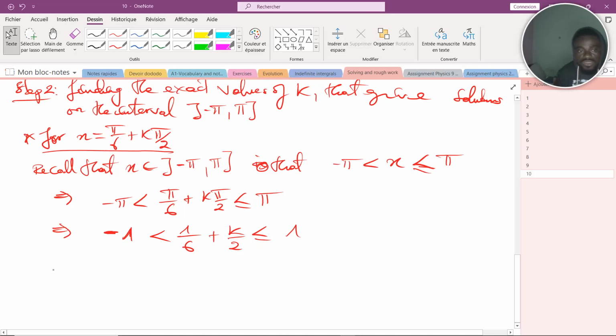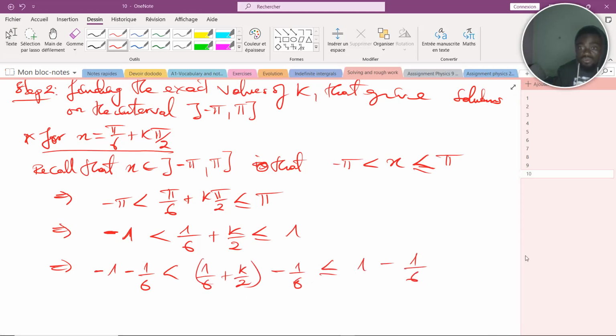of this inequality. So this implies I'll have -1 minus 1 on 6, less than 1 on 6 plus k on 2 minus 1 on 6, less than or equal to 1 minus 1 on 6.